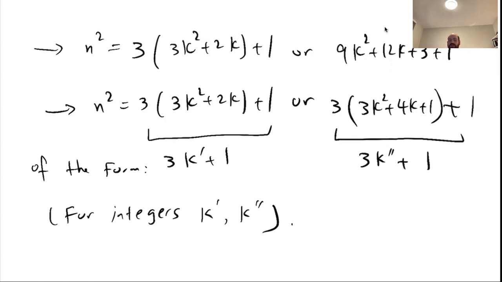Okay, so I showed that in either case, whether n is of the form 3k plus 1 or 3k plus 2, n squared will be of the form 3 times an integer plus 1. So in either case, the remainder of n squared when divided by 3 is 1.